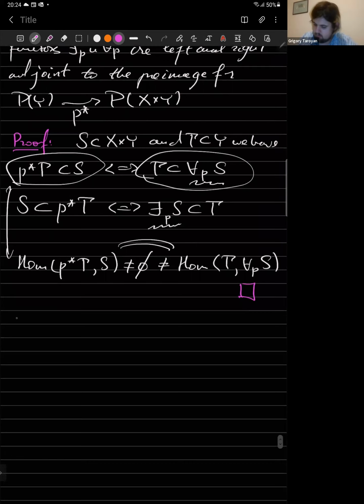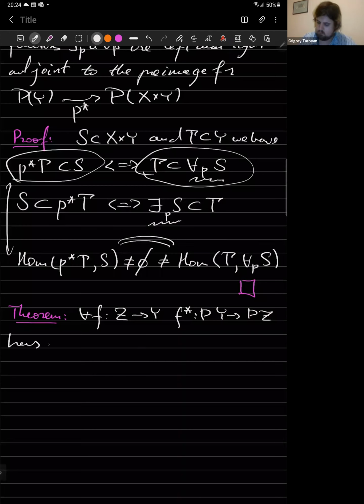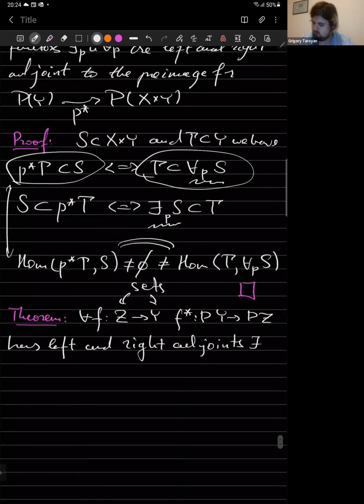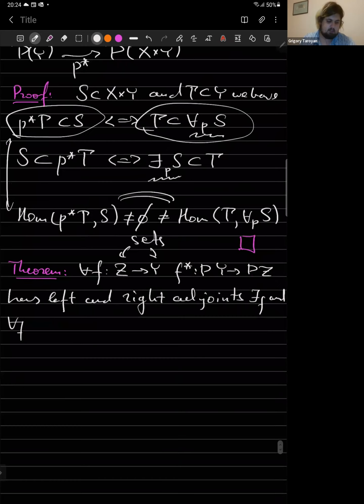So let me state the theorem. For any f from Z to Y, f star from PY to PZ is left and right joins for exists sub f and for any sub f, which are defined in the following manner.